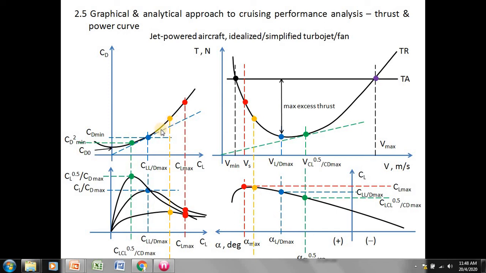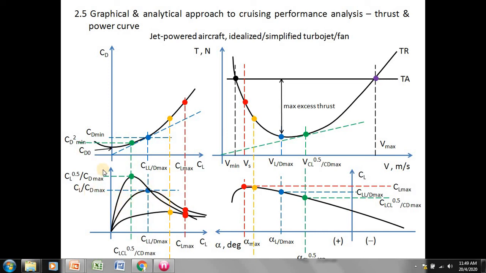Your CD will also reduce until you reach the blue point where your CD is minimum. But minimum CD is not the lowest CD in terms of aerodynamics. In terms of performance, it is called minimum CD.